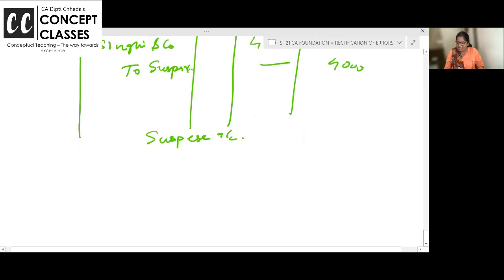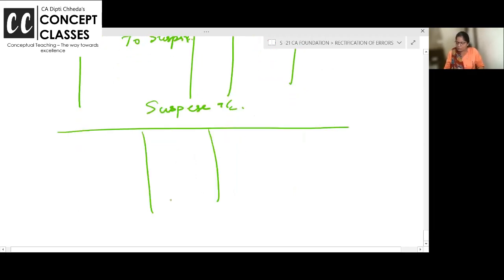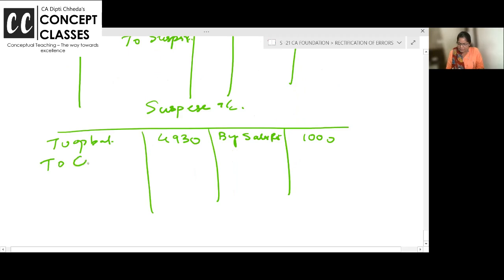That's all for all the entries. Very quickly prepare the suspense account, post all the entries. They said credit was excess, so the opening balance will come here, 4930. And now look at the first entry, there is no suspense account. Second entry, credit side, sales return to suspense, 1000. Then suspense account debit to creditors, 70.